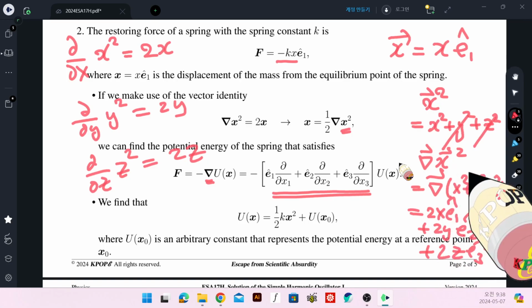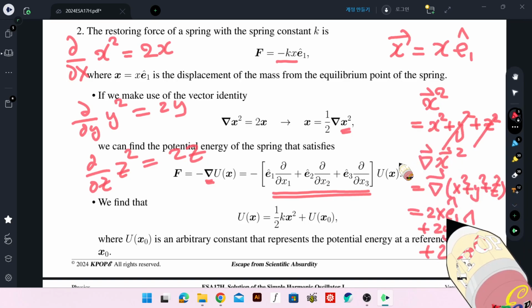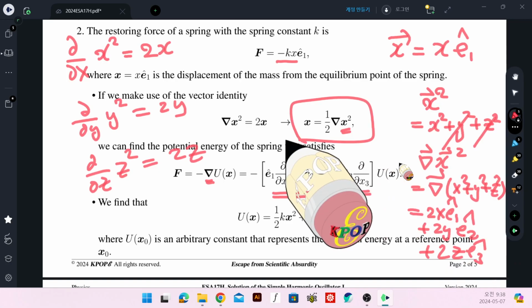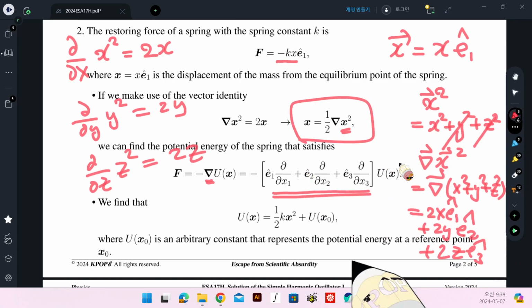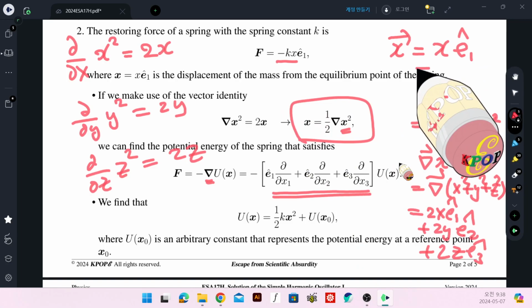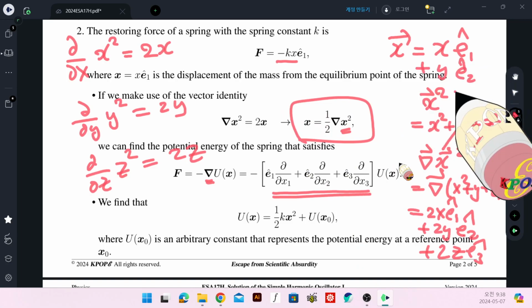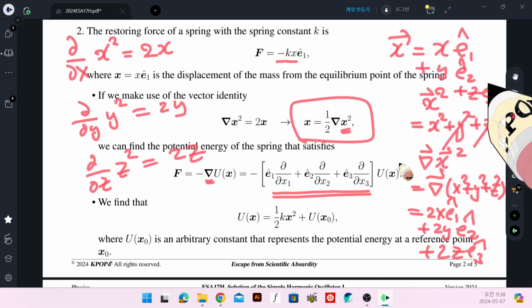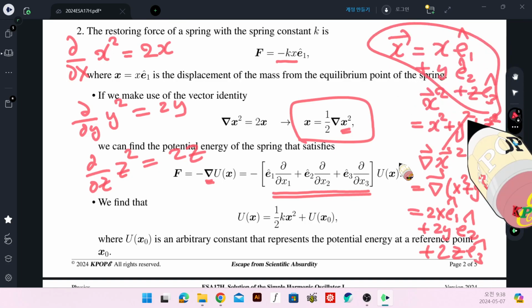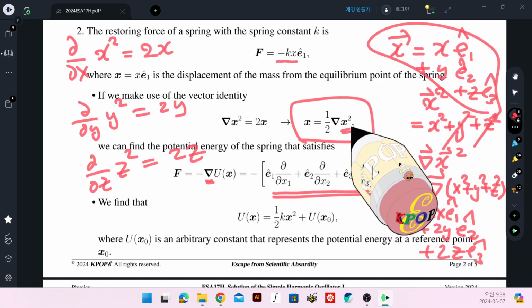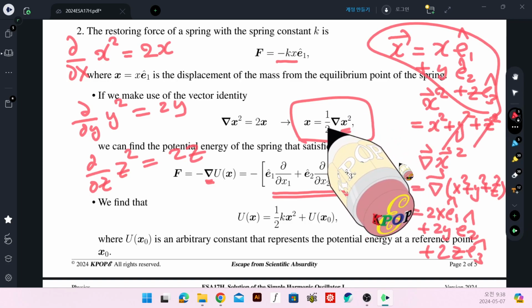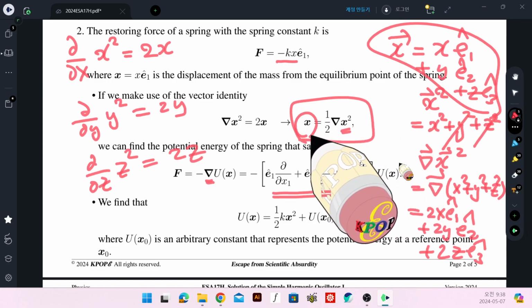Therefore, if we multiply 1/2 on both sides, the vector x, in general x e1 hat plus y e2 hat plus z e3 hat, is a general displacement from the equilibrium position. The gradient of x squared multiplied by 1/2 is the vector x.